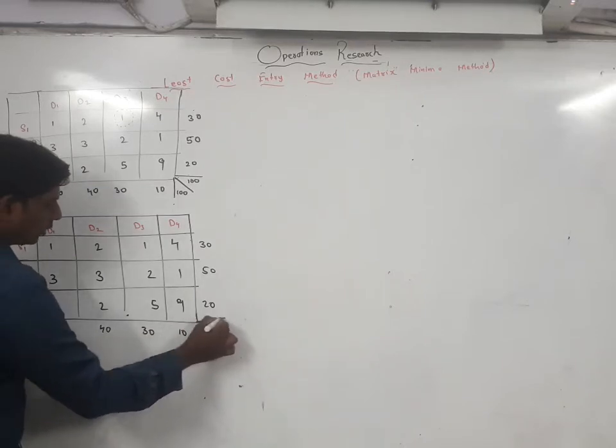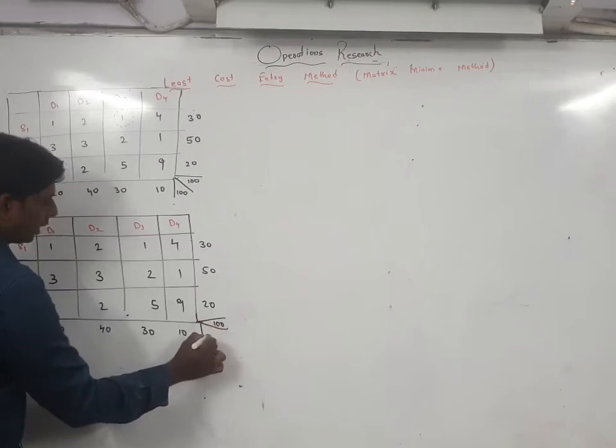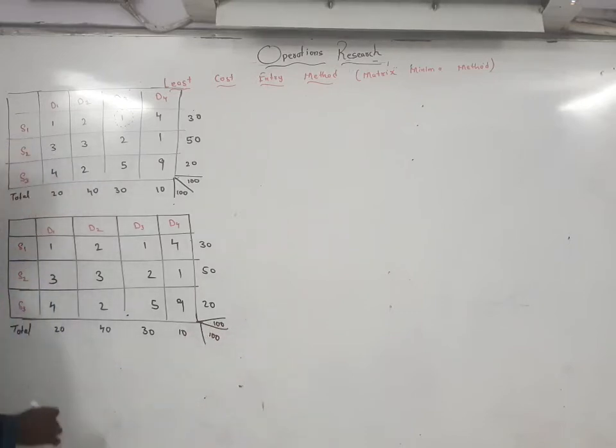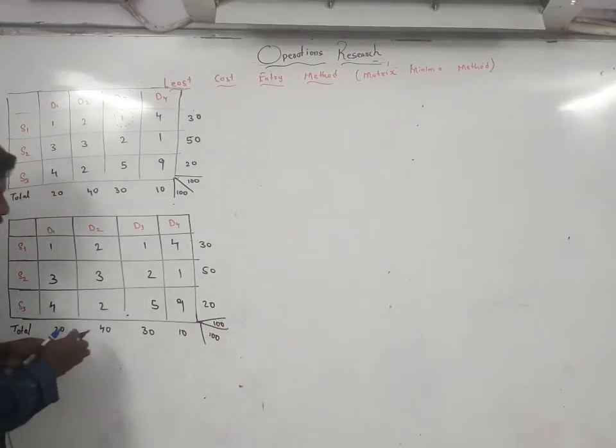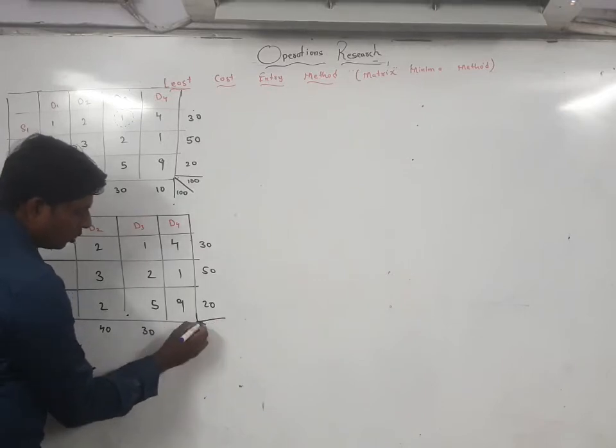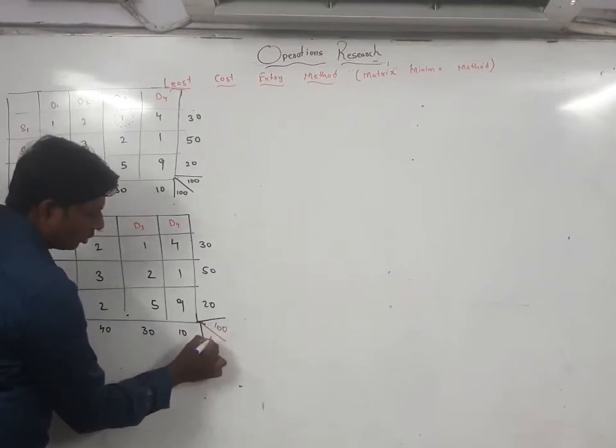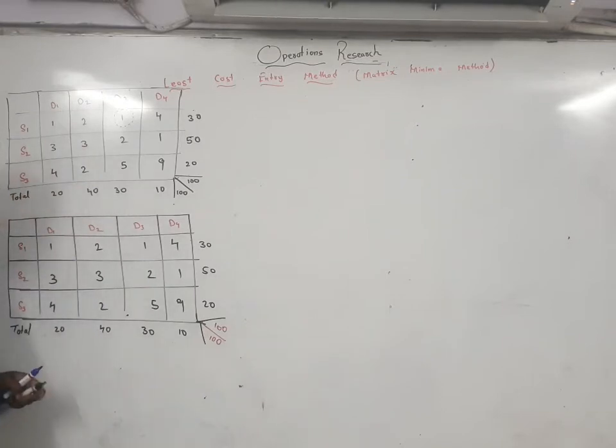The sum of these you get 100, and the sum of the other also 100. So this side is 100, this side is 100. Demand and supply are always equal.